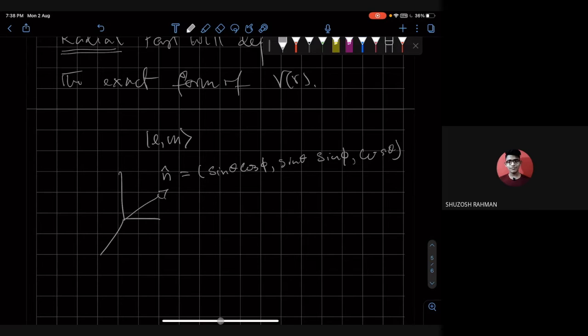This is n, the unit vector. So if I take this inner product, that is the direction basis, and sandwich it between L and M, that's basically what I'm calling Y_LM of theta phi. Okay, is that clear?